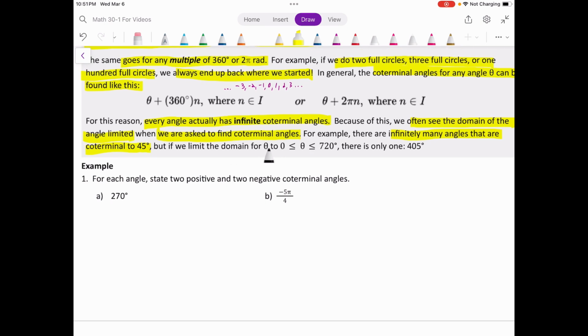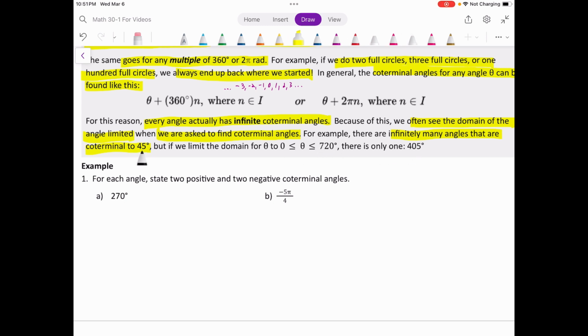If we limit the domain for theta from 0 to 720 degrees, there's only one coterminal angle, 405, right? You could take 45 and add 360 to get 405, but if you add another 360, you're going to be up in the 800s, and you're going to have gone beyond 720, right?